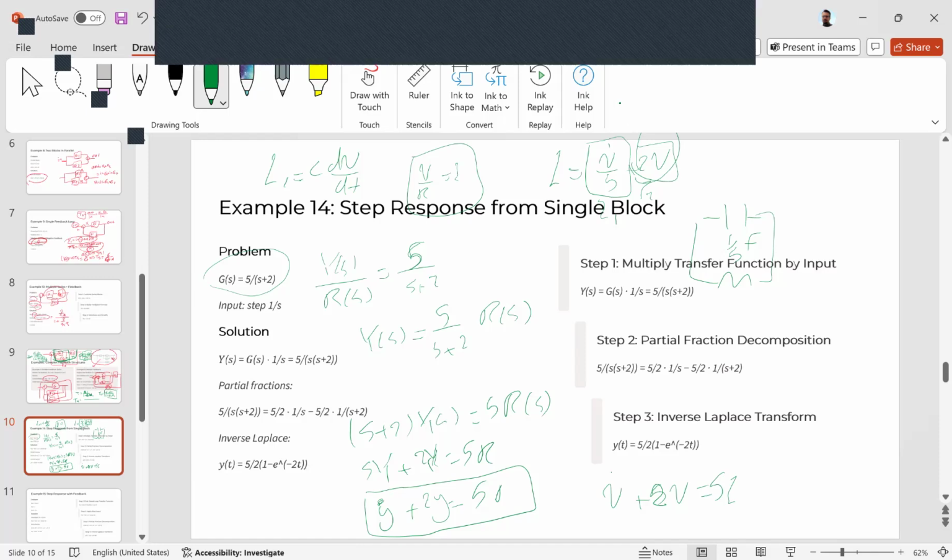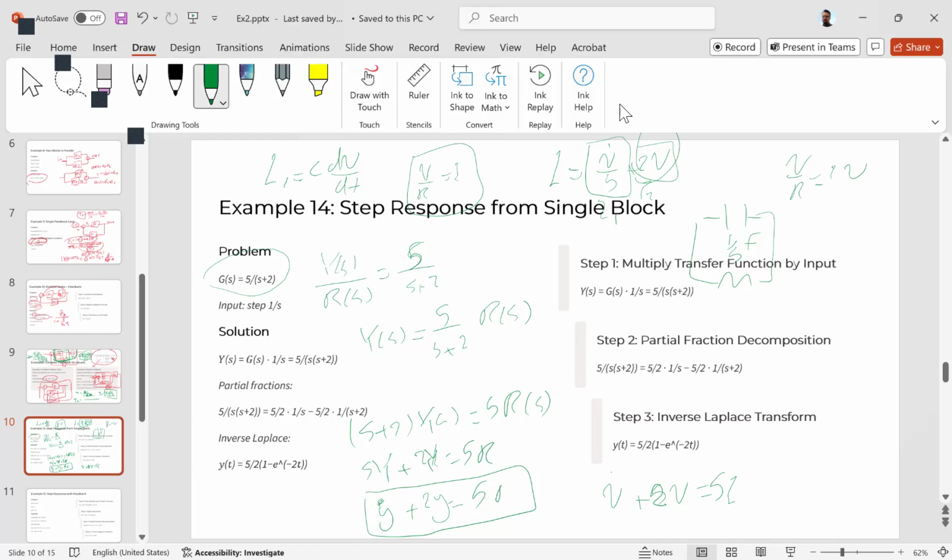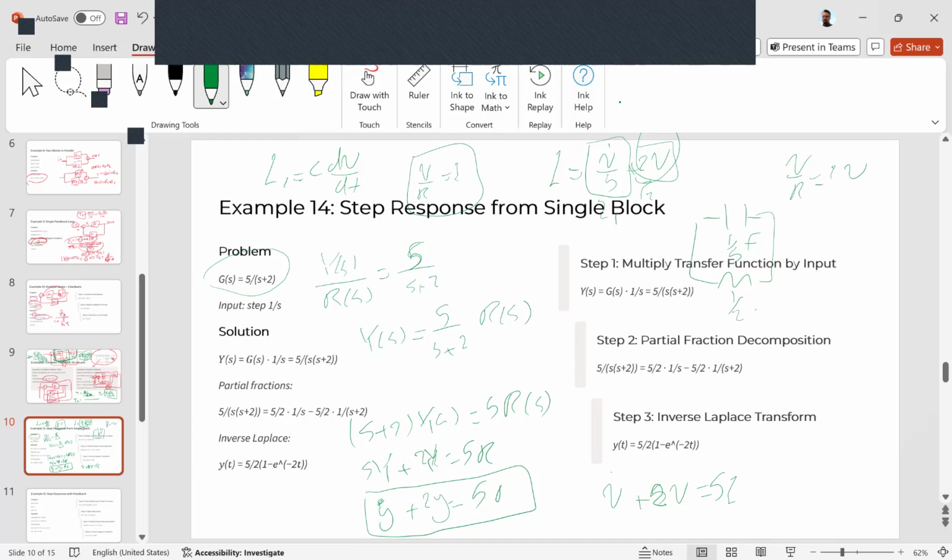What should I put at R so V over R becomes 2V? One over two. Are we good? So we have a half-ohm resistor. And this is the circuit that represents this transfer function.